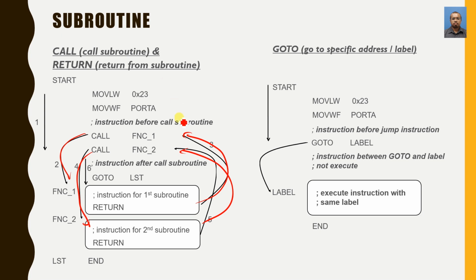So for a subroutine, we use call and then return. For goto, it is different. Goto means you will go directly. It will not save the program counter into the stack. It will go directly to the label. So that's the goto instruction.